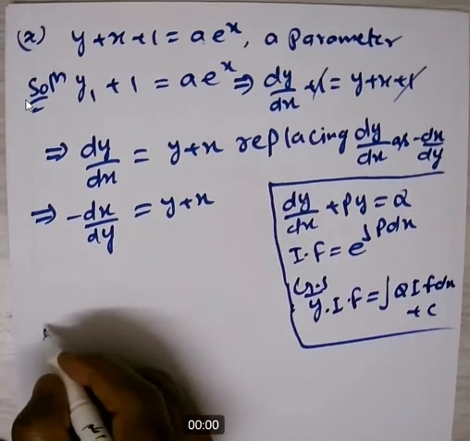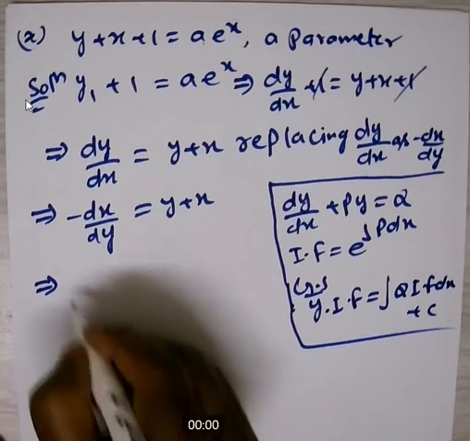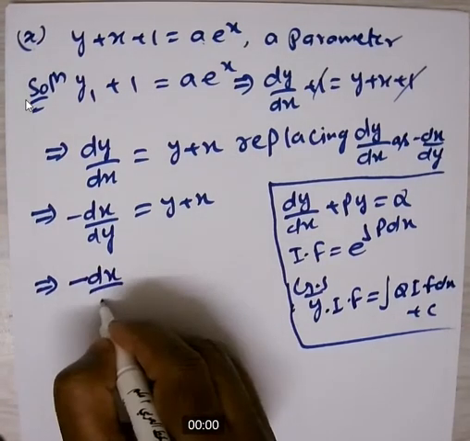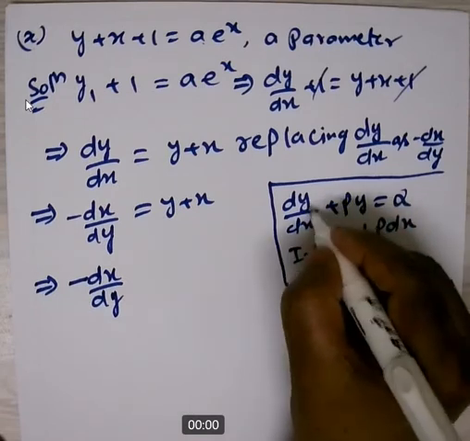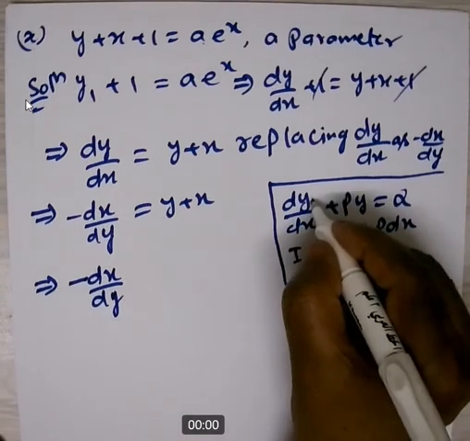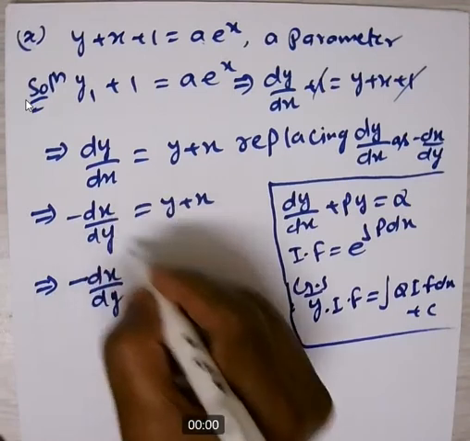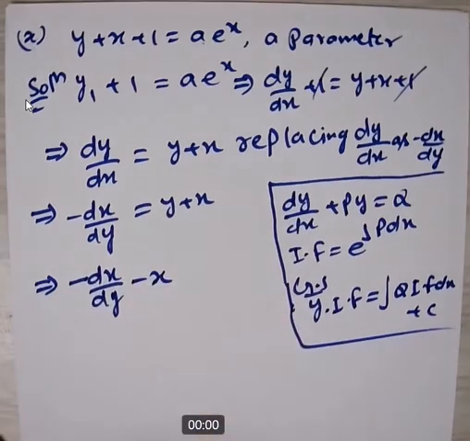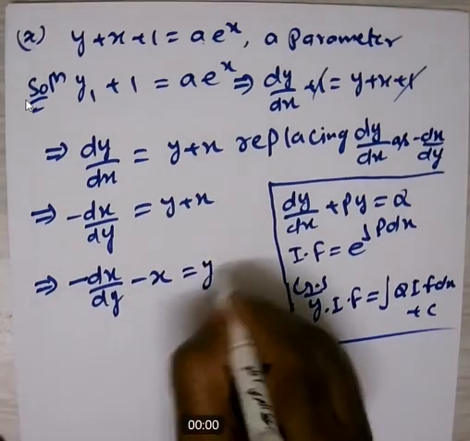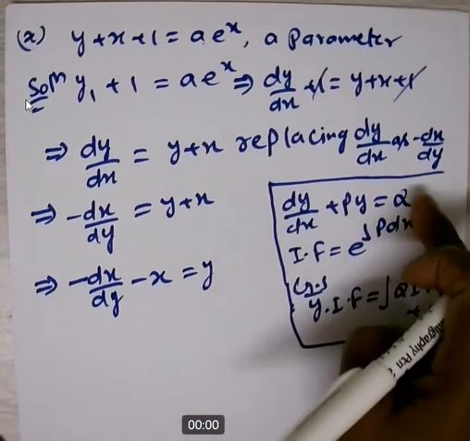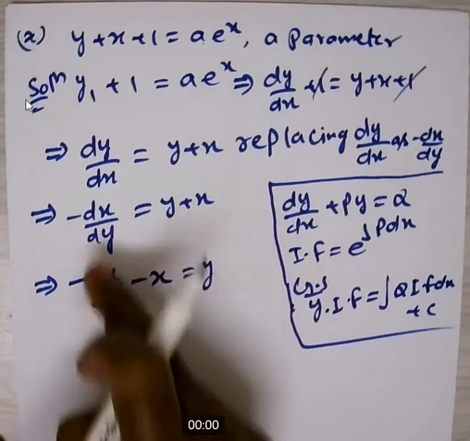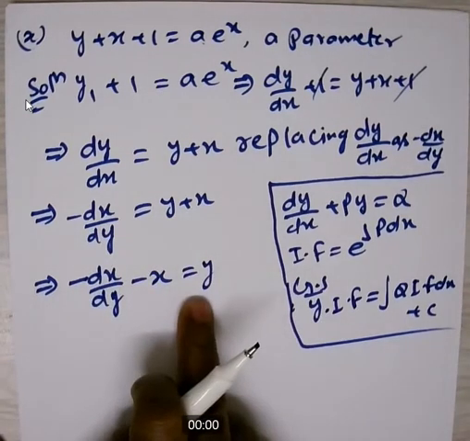Here x is the dependent variable, so you need to write minus x equal to y. Q is a function of y here, because with dy dx, q is a function of x, but here with dx dy, q will be a function of y.